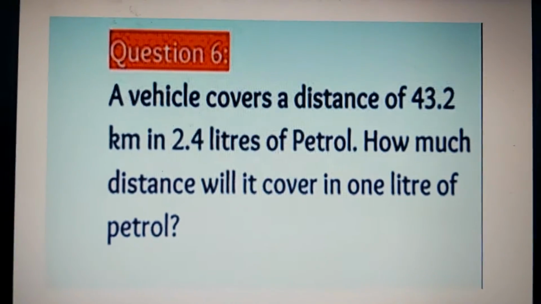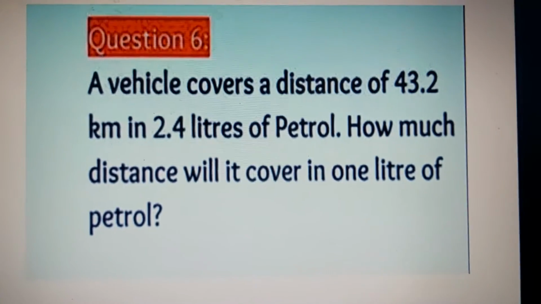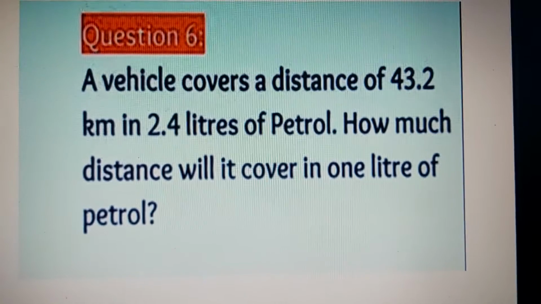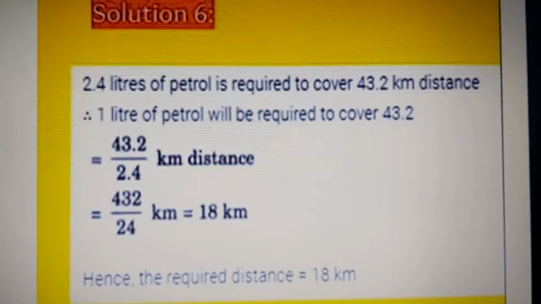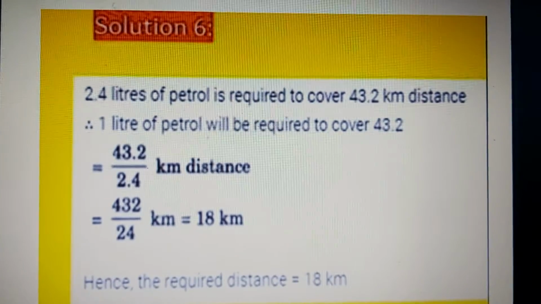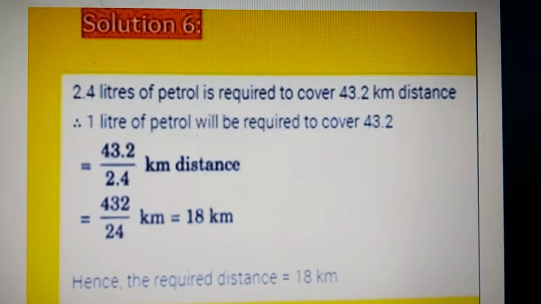Now next question number 6. A vehicle covers a distance of 43.2 km in 2.4 liters of petrol. How much distance will it cover in 1 liter of petrol? So here we have the solution. 2.4 liters of petrol is required to cover 43.2 km distance, as given in the question.